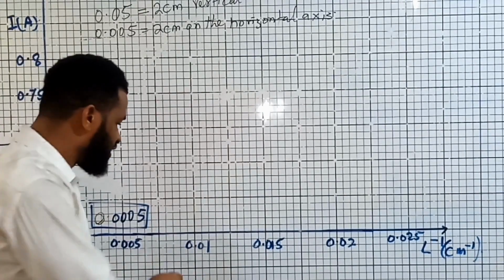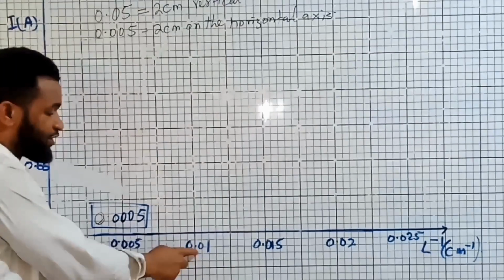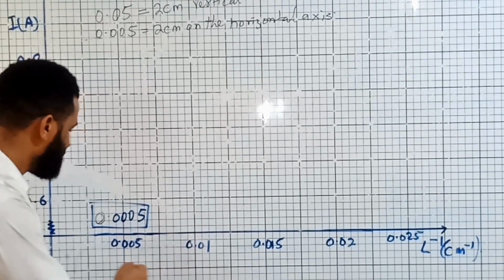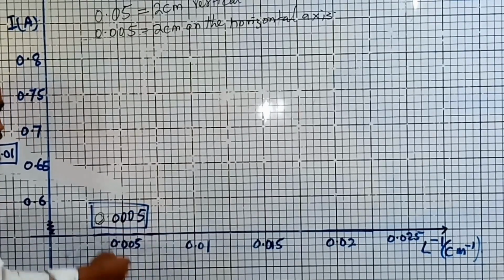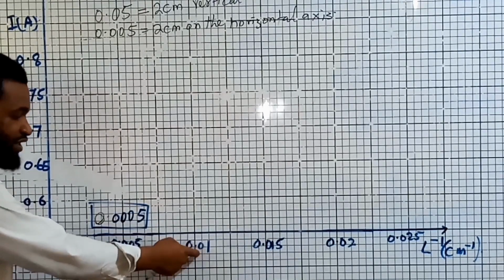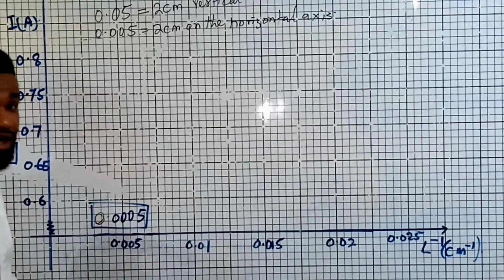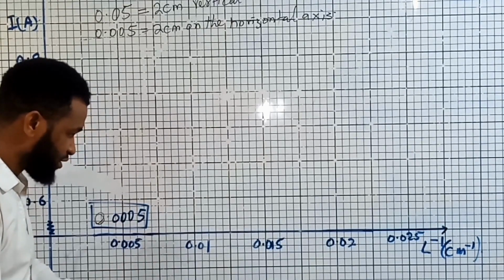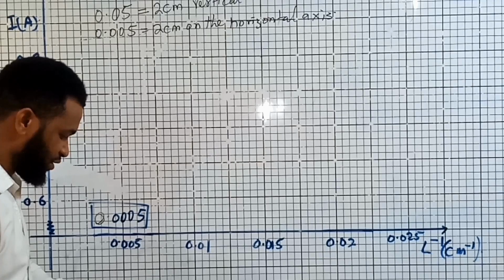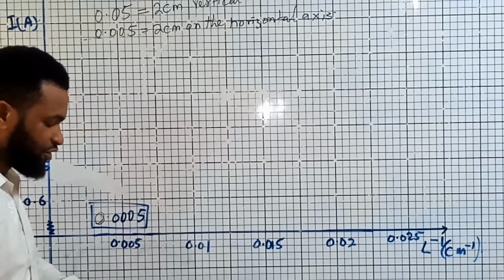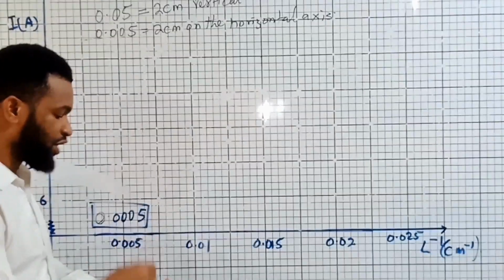So I keep adding 0.0005 to 0.01 to see if I can get 0.011. 0.01 plus 0.0005 is 0.0105.